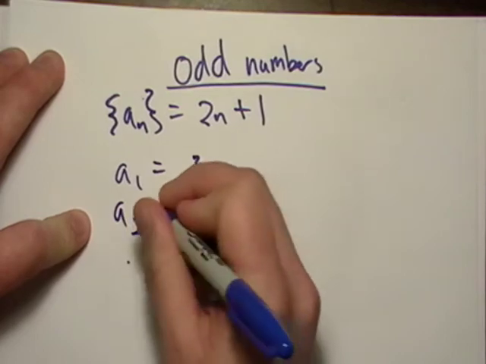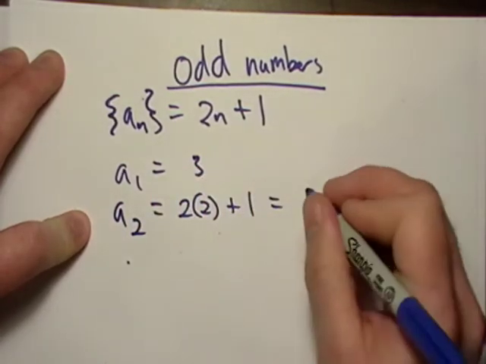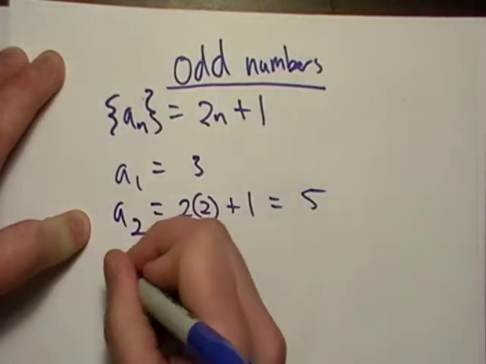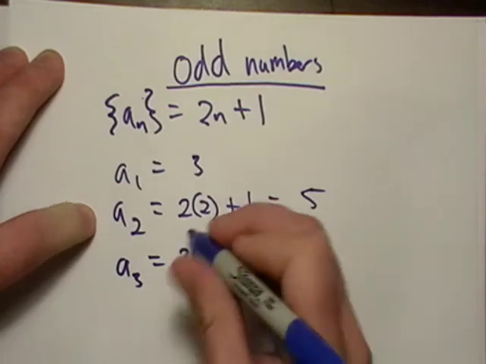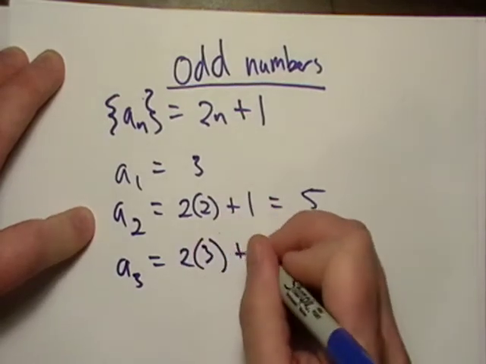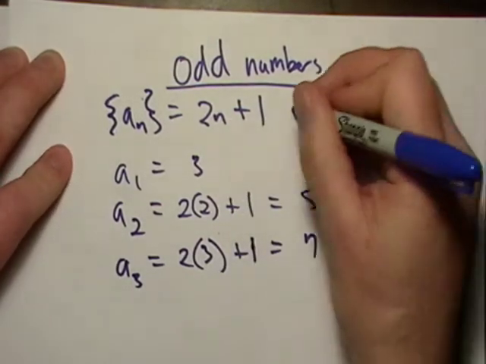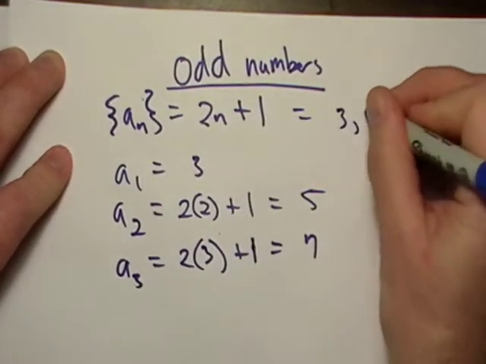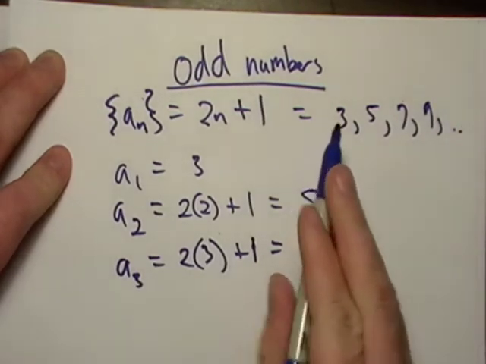A sub 2 is 2 times 2 plus 1 equals 5. A sub 3 is 2 times 3 plus 1 equals 7. So you see we're on our way to 3, 5, 7, 9, except we're missing 1, aren't we?